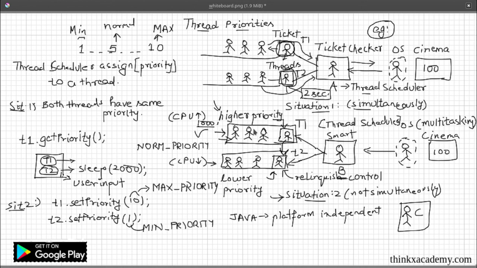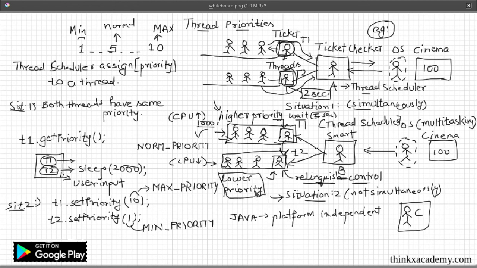What if we say that the higher priority thread will run, but after some time, let's say 5 seconds, this higher priority thread will wait, and at that time we are going to relinquish control to the lower priority thread.